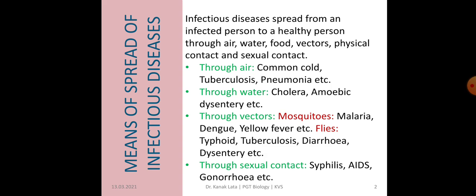So vectors are special organisms that carry special microbes along with them. Next is through sexual contact, that is syphilis, AIDS, gonorrhea, etc.